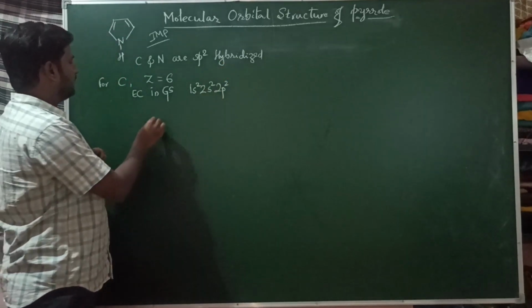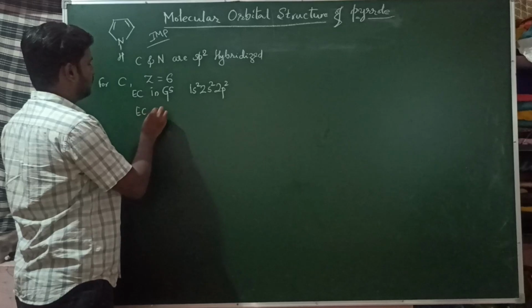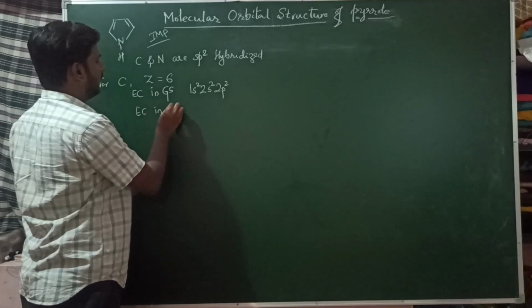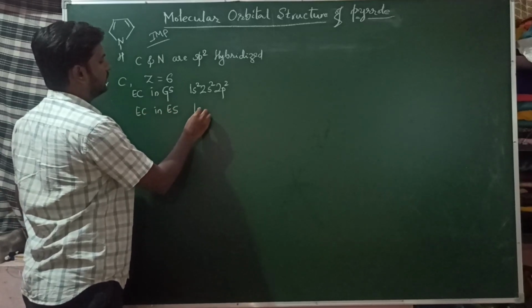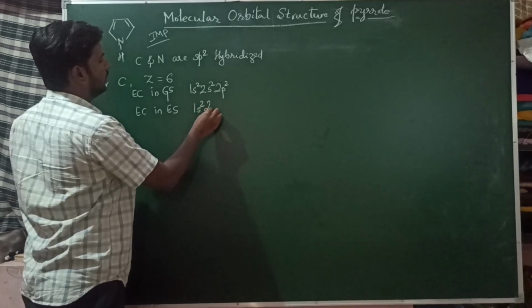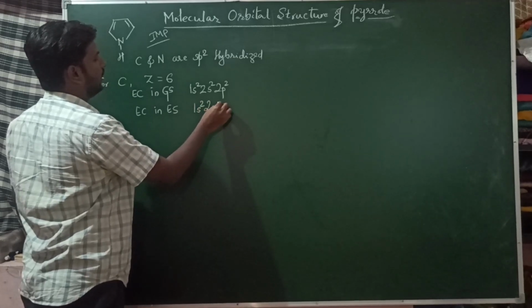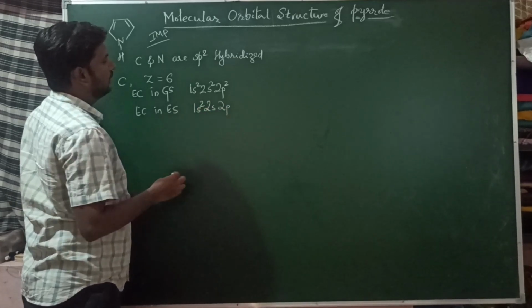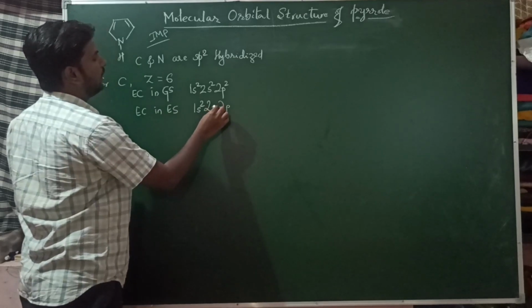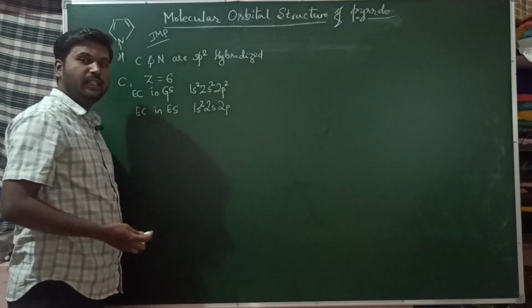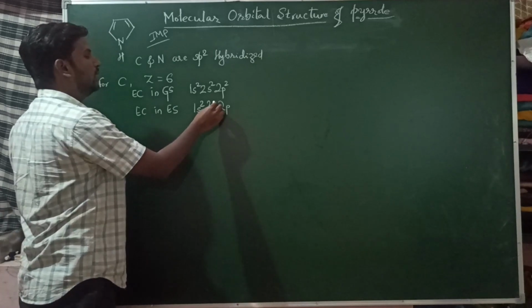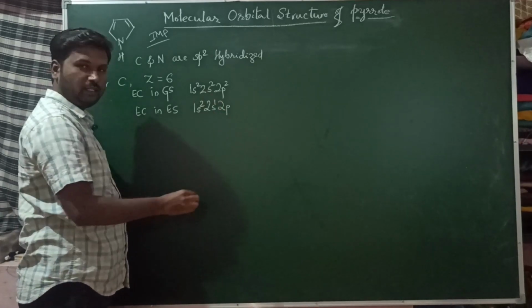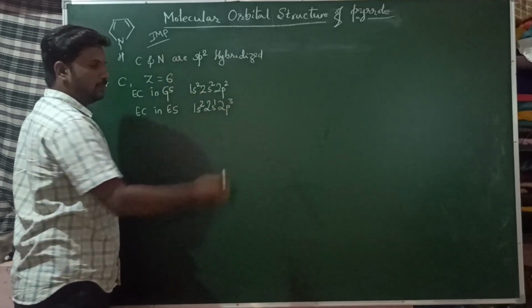In the excited state, one of the 2s electrons will shift to the higher energy 2p orbital. So here it becomes 2s1 and 2p3.